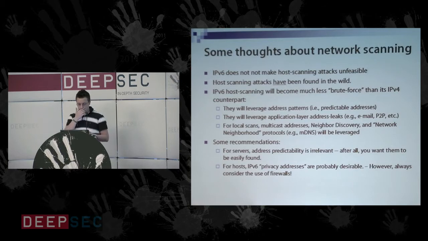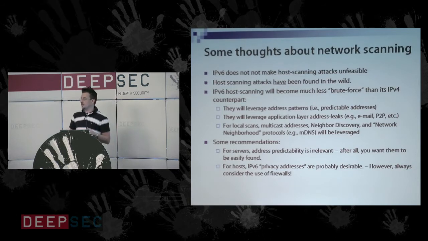And then there are other ways in which you could perform host scanning attacks, like taking advantage of other protocols. It could be local protocols such as neighbor discovery, multicast DNS, and others. But you could also exploit, for example, application layer protocols. One might construct, for example, a tool that looks for torrents and tries to extract the V6 addresses from the torrents.